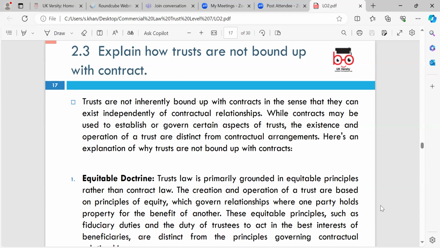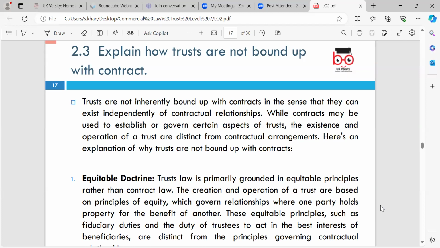Trusts are not inherently bound up with contracts in the sense that they can exist independently of contractual relationships. While contracts may be used to establish or govern certain aspects of trusts, the existence and operation of a trust are distinct from contractual arrangements.